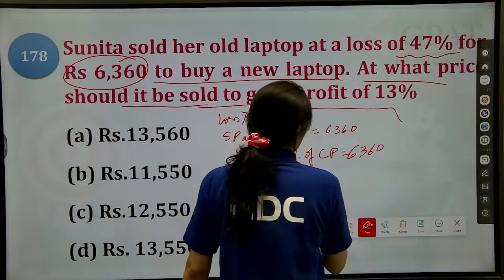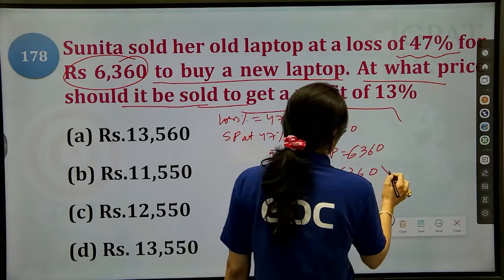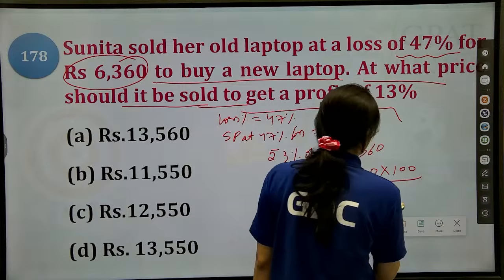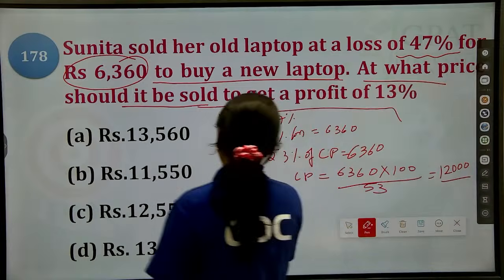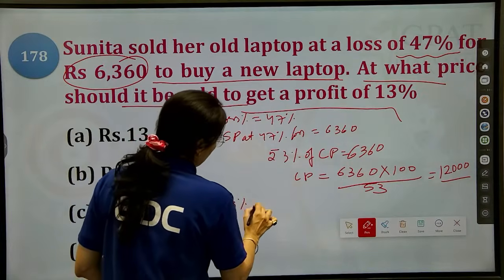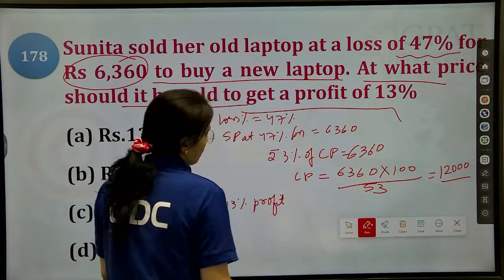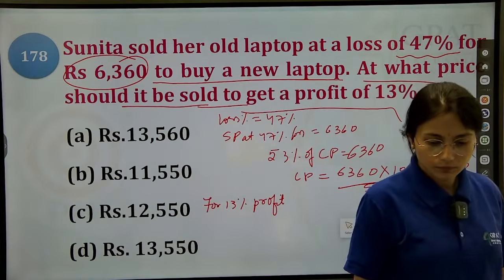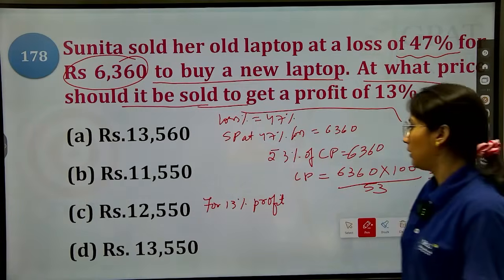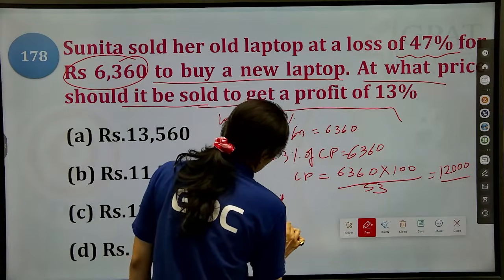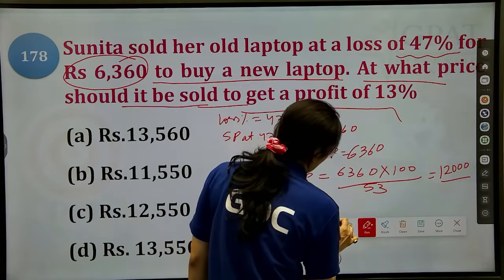So CP is equal to 6360 multiplied by 100 divided by 53. So you will get 12000. So the cost price is 12,000. For 13% profit, SP is equal to 113% of 12,000.